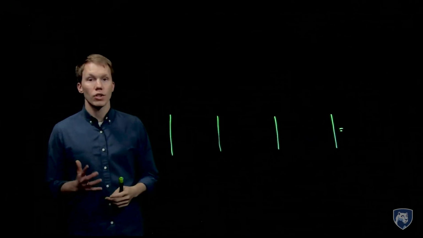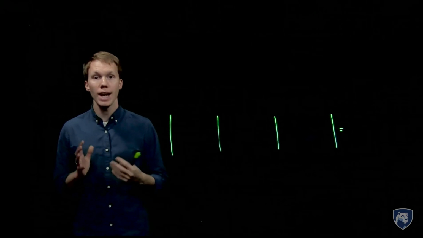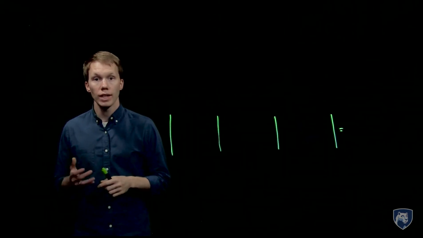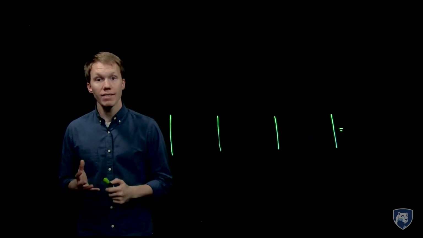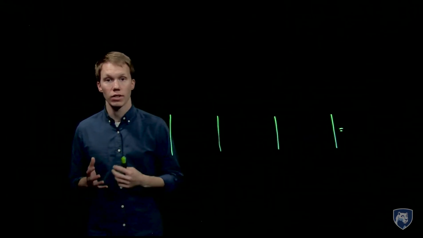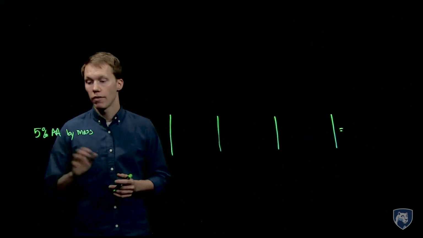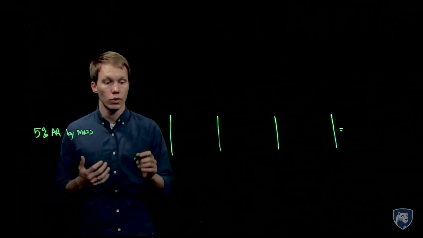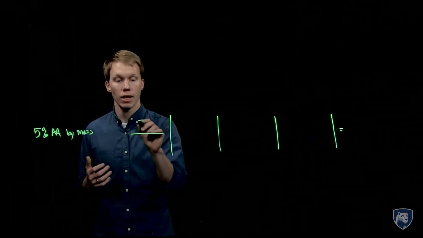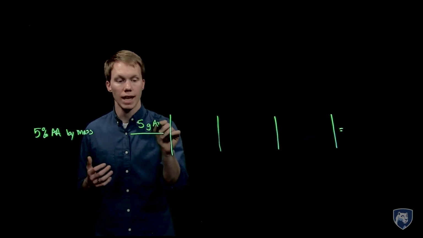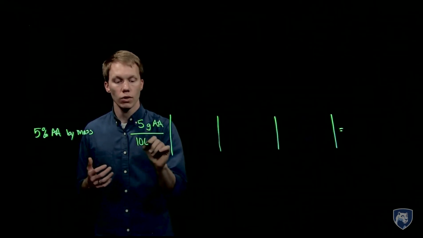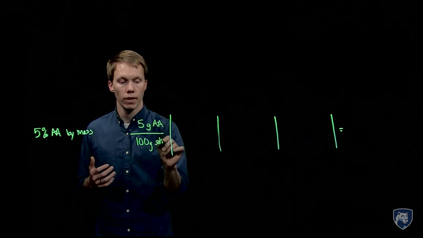I'd like you to try a very similar problem. Try this example where we're looking at a 5% acetic acid solution and asking to find the molarity. So we know that there's a 5% acetic acid solution by mass, which means that there are 5 grams of acetic acid per 100 grams of solution.